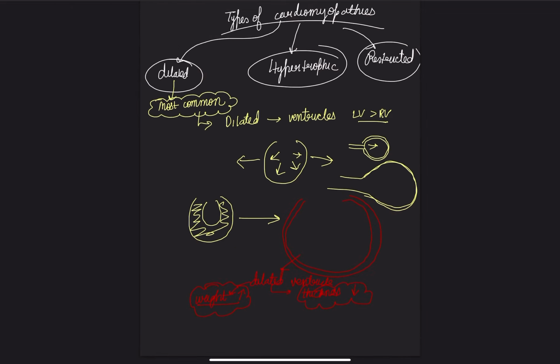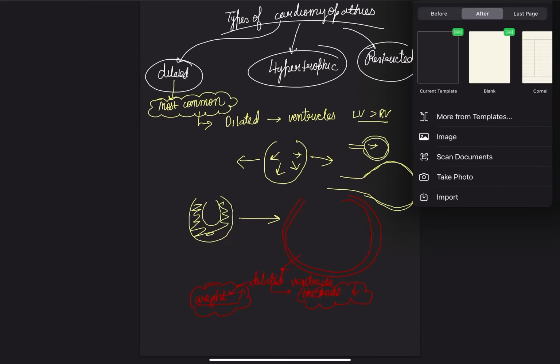So is this clear? Next we will talk about the causes of dilated cardiomyopathy. When we talk about the causes, we can broadly divide them into infective and non-infective causes.